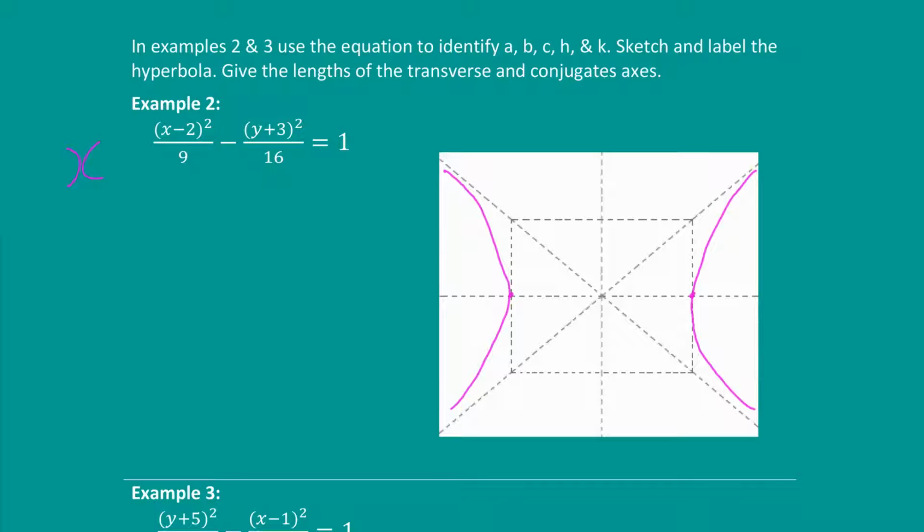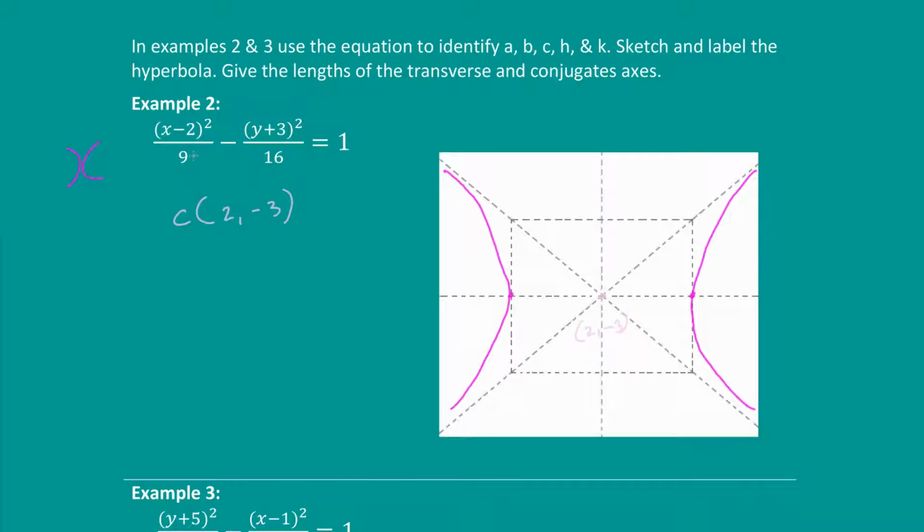We know that our center, similar to an ellipse and all the other conics that we've done, is going to be at 2, -3. So that's right here. Our center is 2, -3.